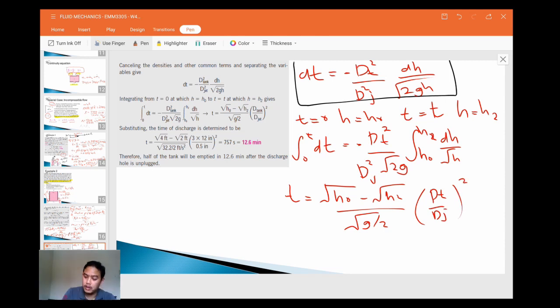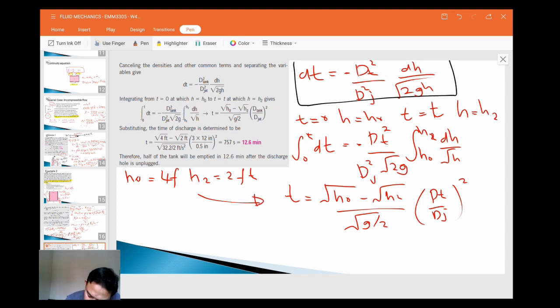As we know, h naught is equal to 4 feet and h2 is equal to 2 feet. So we can put everything inside this equation.